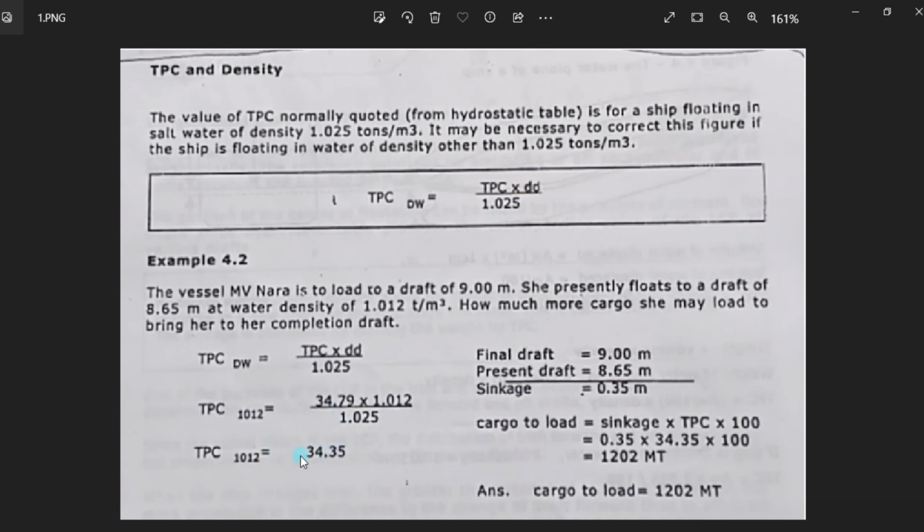So this will be his TPC for the density of 1.012.